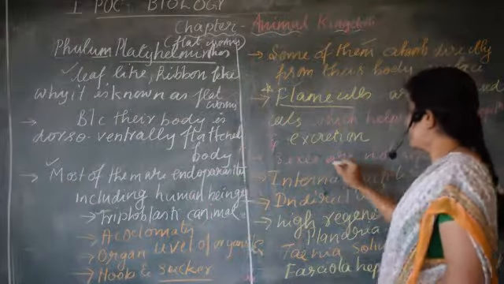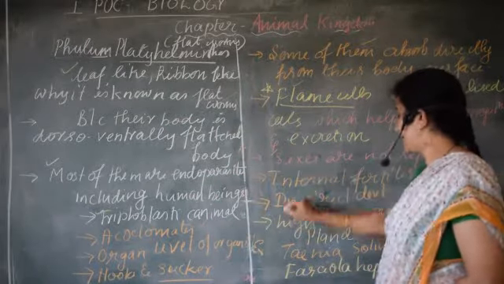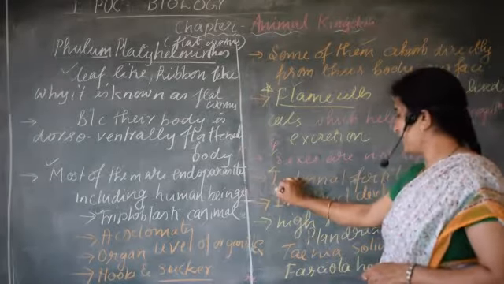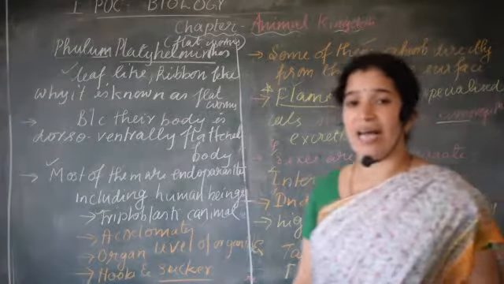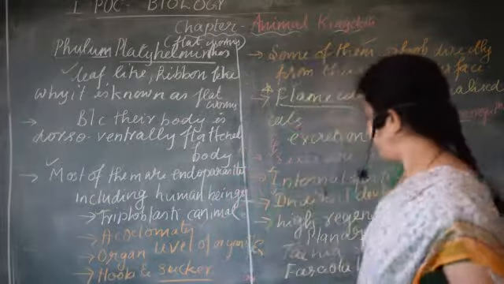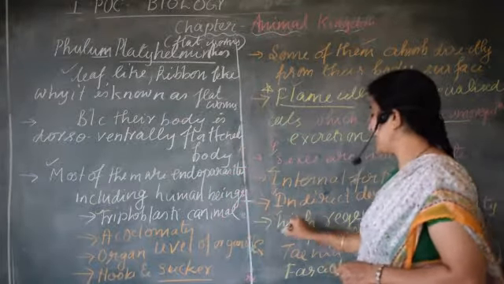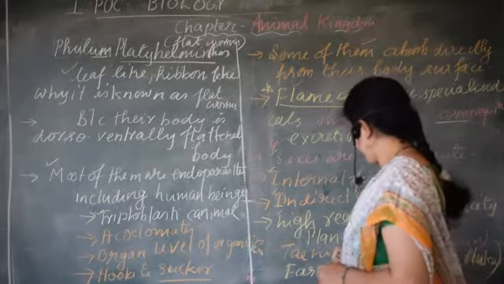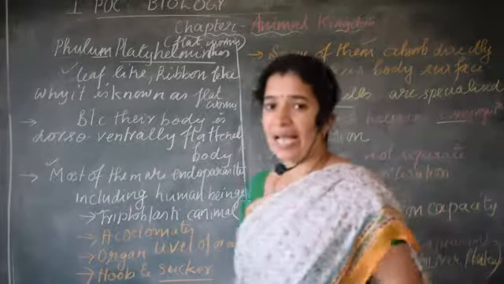They are hermaphrodite. Internal fertilization is carried out, with indirect development having many larval stages. This is one important point. Then they have high regeneration capacity, for example in planaria. Examples are Taenia solium and Fasciola hepatica.